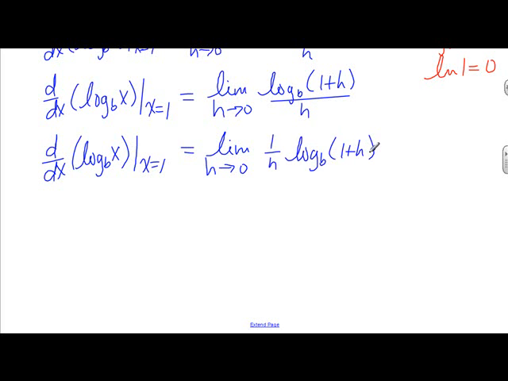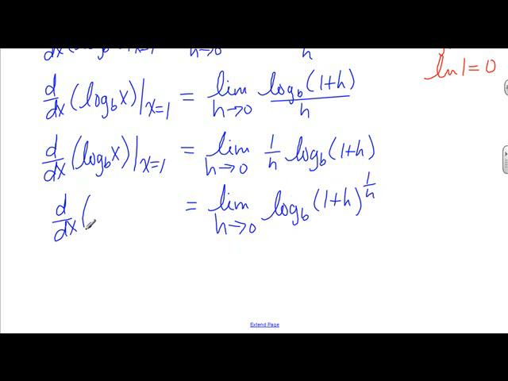Then using the properties of logarithms, I can take that 1 over h and make it an exponent. So I'm looking at the limit as h approaches 0 of log base b of the quantity 1 plus h raised to the 1 over h power, and that is equal to the derivative with respect to x of log base b of x at x equal 1.